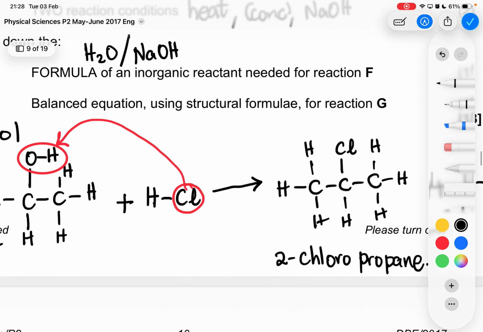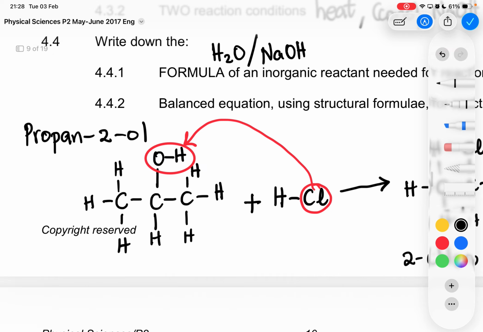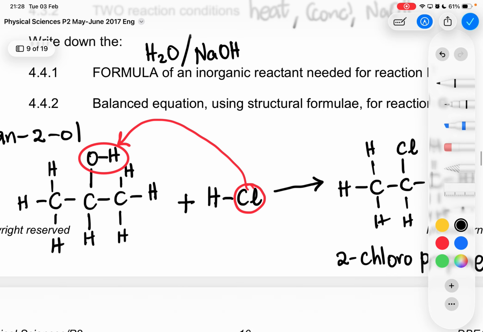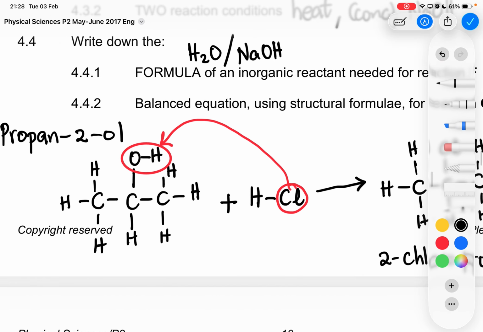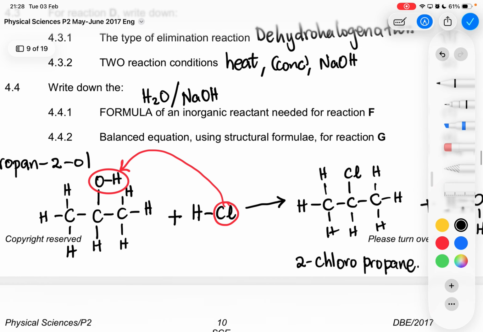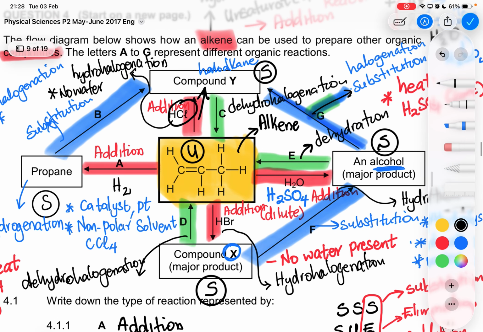That's why now we have propane-2-ol as our alcohol there. Now that we have this alcohol, it must undergo a substitution reaction to form a haloalkane, because you can see the HCl shows that I'm adding it to form compound Y. That makes it a haloalkane.